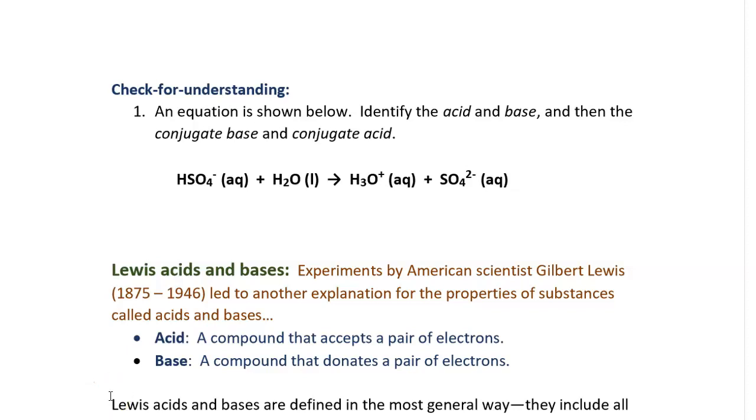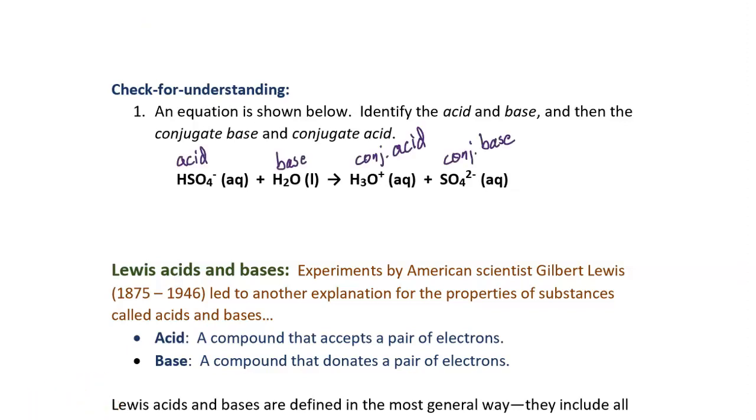And then on the right side of the arrow, identify which substance is the conjugate base and which is the conjugate acid. The conjugate base is the thing that's created from the acid on the left side of the arrow. The conjugate acid is created from the base on the left side of the arrow. I'll pause the video for you to try this.